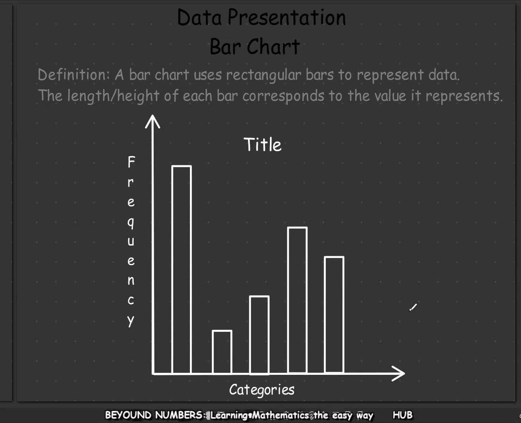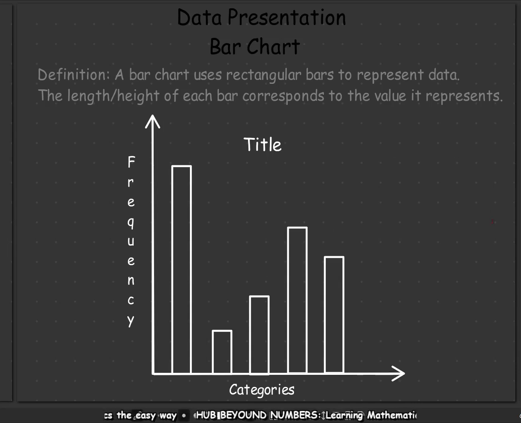Now, as you can see what we've done over here, on the x-axis, you have to indicate the categories you are talking about. If it is marks of students, ages of students, or whatever, you indicate them on the x-axis here. And then on your y-axis, you represent your frequencies.